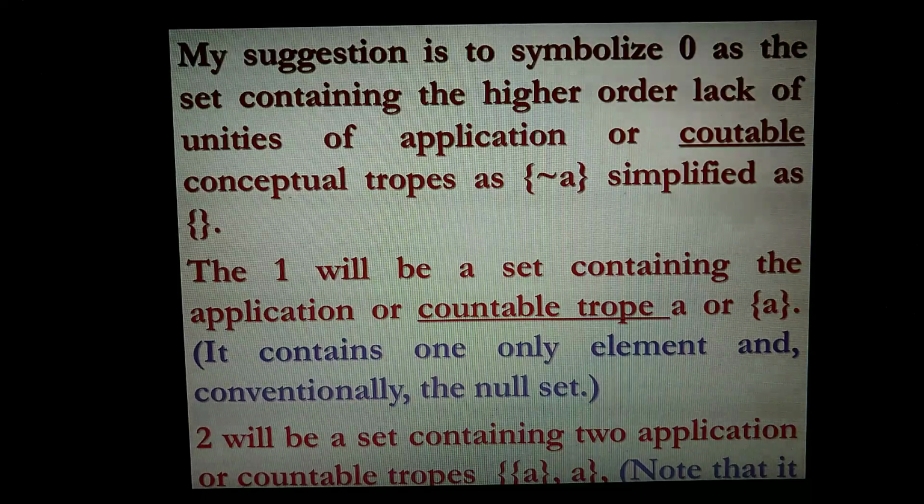The one will be a set containing the application of countable trope A, or the set containing A. It contains one only element, and conventionally the null set also, as is usual.